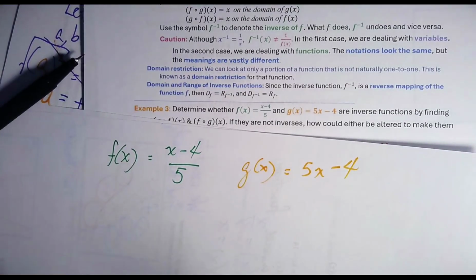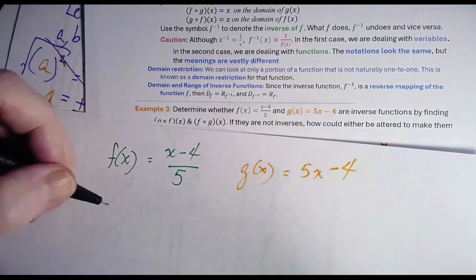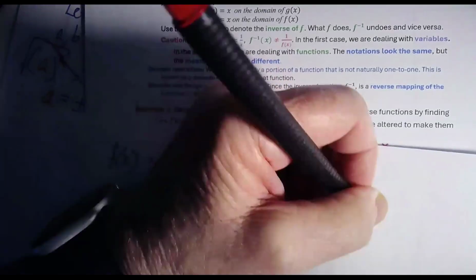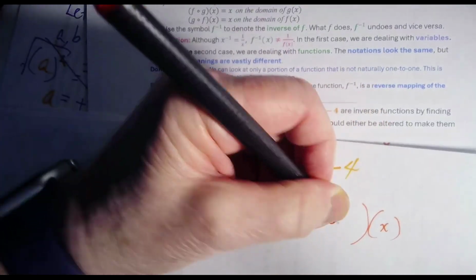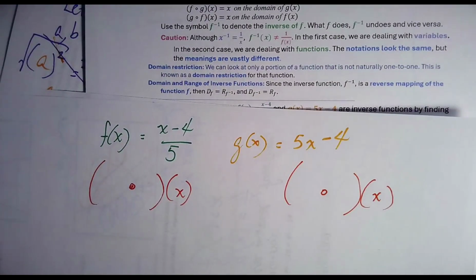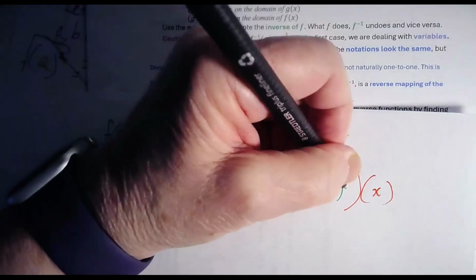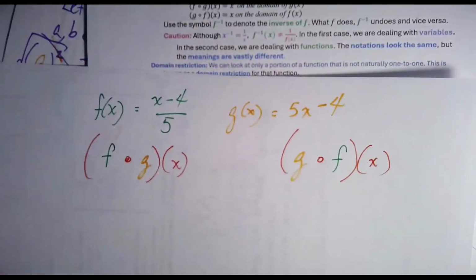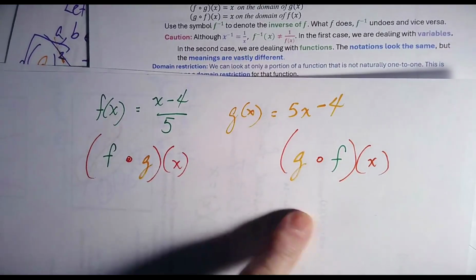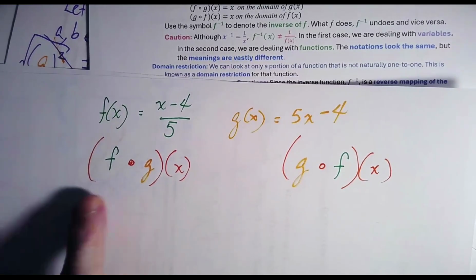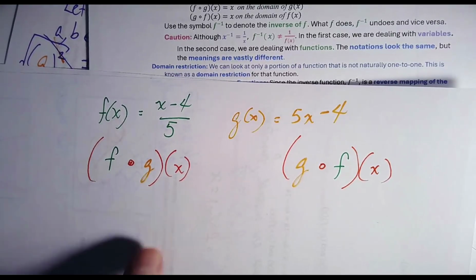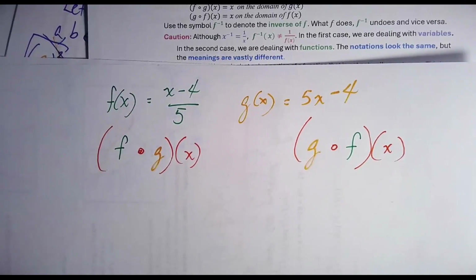Okay, great. Well, to see, we're just going to find both directions of composition. Let's start with F first and F second, G second, G first. It's important to me that you know how to rewrite F composed with G of x, still using F and G. Which function goes on the outside?